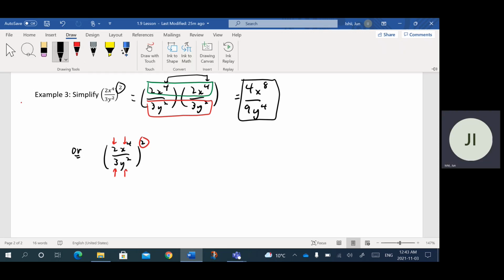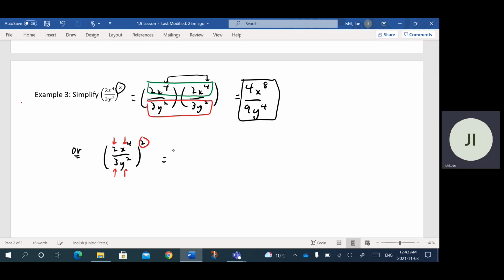Okay, so if I was to do that, this is going to equal 2 squared over x to the, and the rule is, again, an exponent outside of an exponent, so multiply them together, x to the 8th, over 3 squared. Multiply the 2 with the 2, so that's y to the 4th. So this is going to equal, and 2 squared is 4, so I have 4x to the 8 over 3 squared, which is 9, y to the 4th. And you'll realize that it's the same answer as you got before.